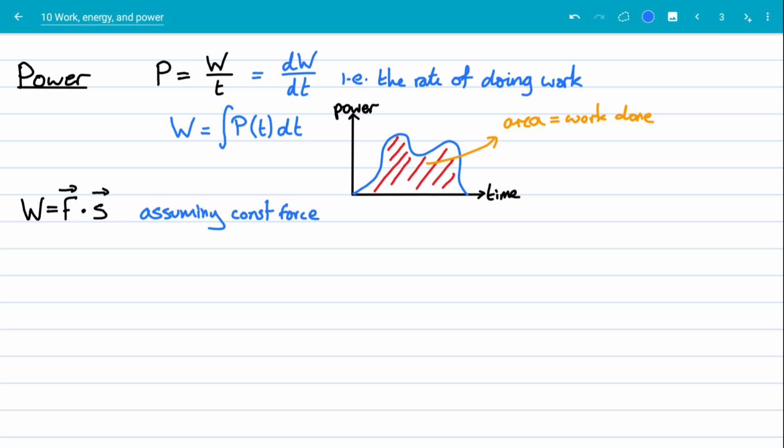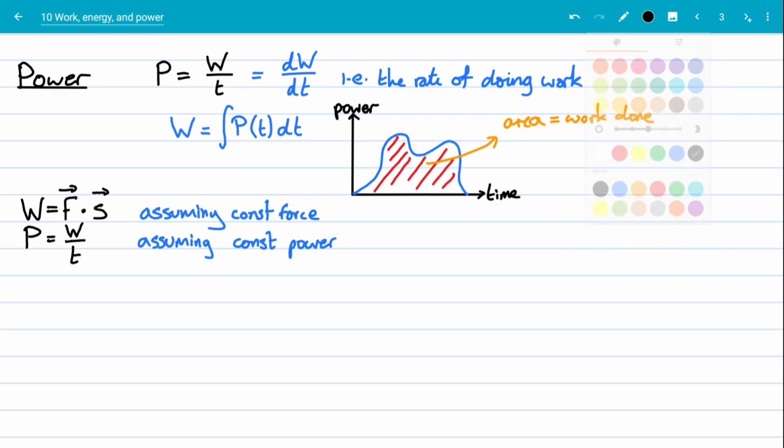So if we say that, and we also know that power is work done, and again, using this simplified equation, power is work done divided by time, and that assumes a constant power. Assuming constant power, then we combine these two equations.